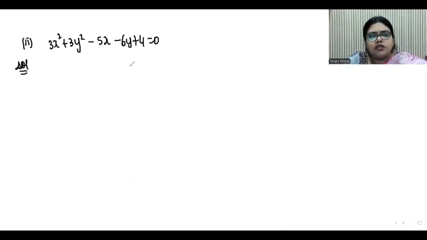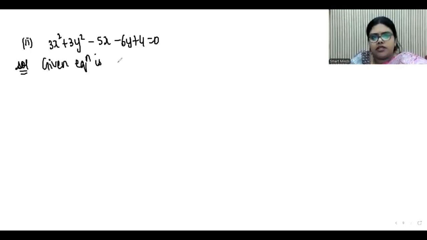Take the next question. Here also we need to find center and radius. Now here if you look at the question, it begins with 3x square plus 3y square. Always make sure the equation must start with x square plus y square. So in that case we should divide by the coefficient given. So first let us write down the given equation.